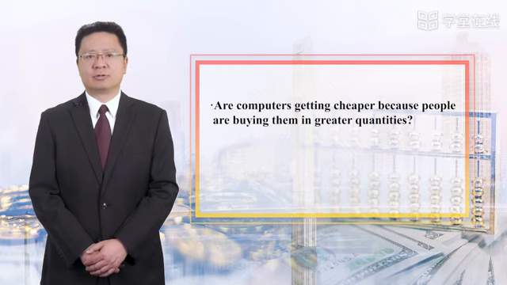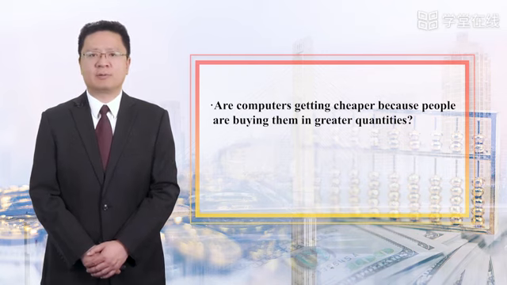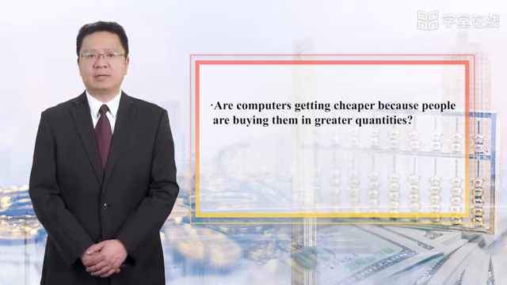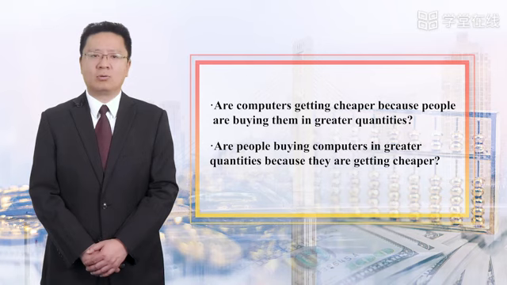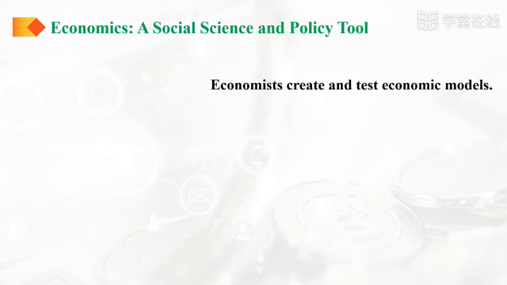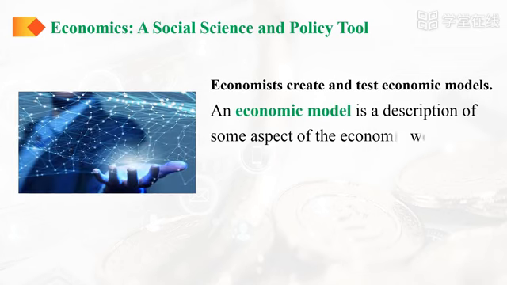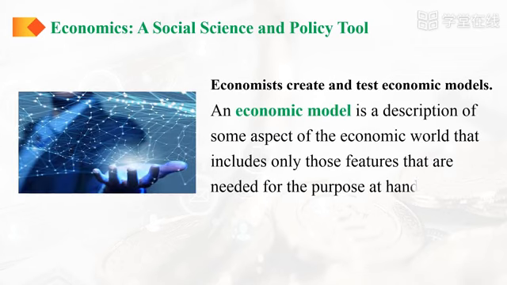Like the question, are computers getting cheaper because people are buying them in greater quantities? Or are people buying computers in great quantities because they are getting cheaper? To answer such questions, economists create and test economic models.